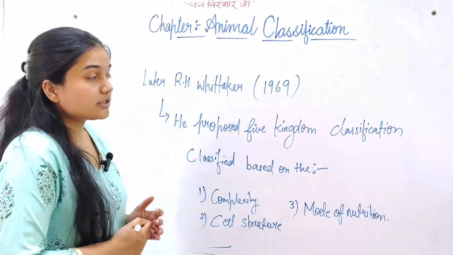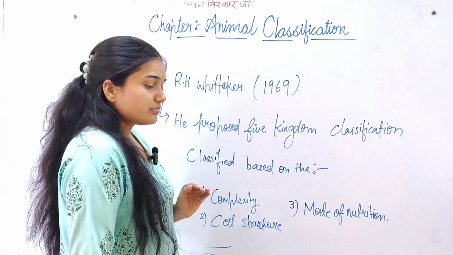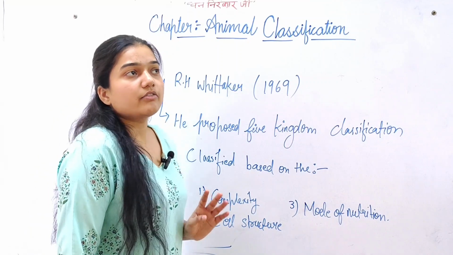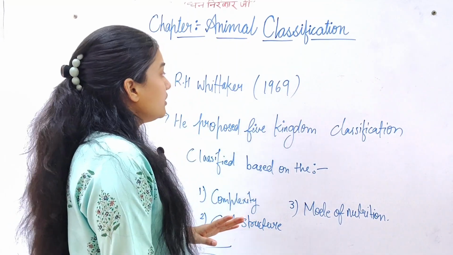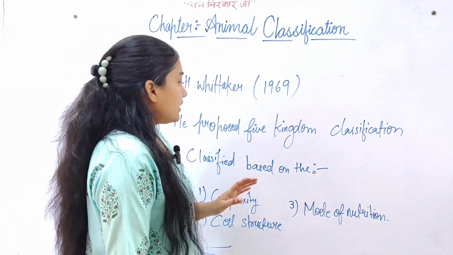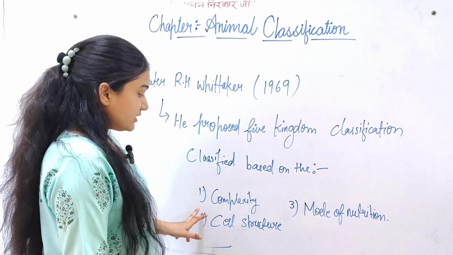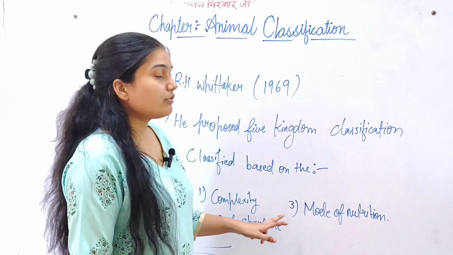So after Aristotle, we got the five kingdom classification of life, on the basis of complexity, cell structure, and mode of nutrition.